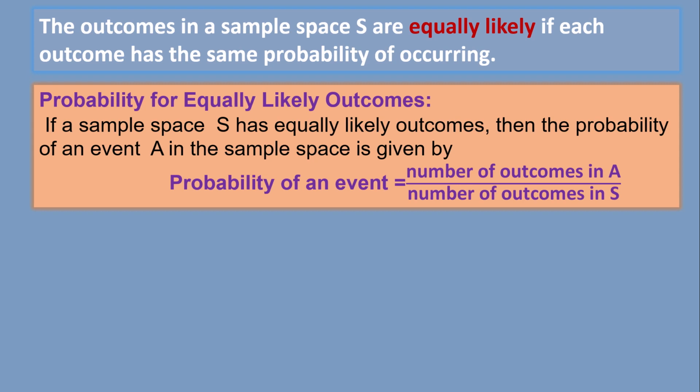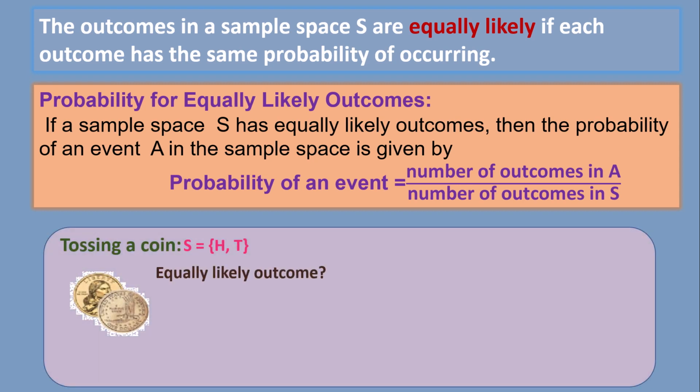Now let me explain this using some examples. Tossing a coin, is it equally likely? Yes. Why? There are 2 outcomes. The coin is a fair coin. So both outcomes have the same probability, right? Probability of E1 equals probability of E2 equals 1/2.